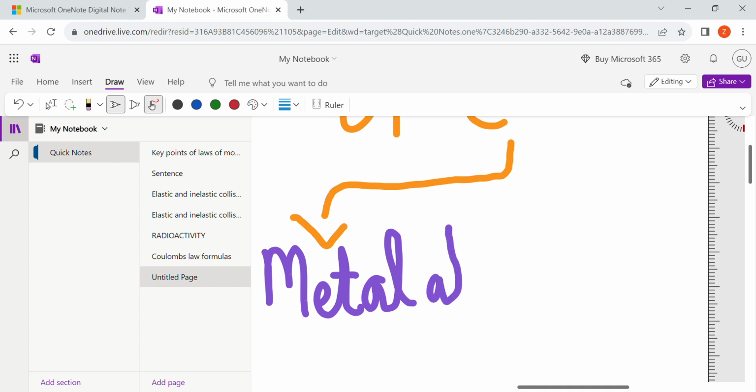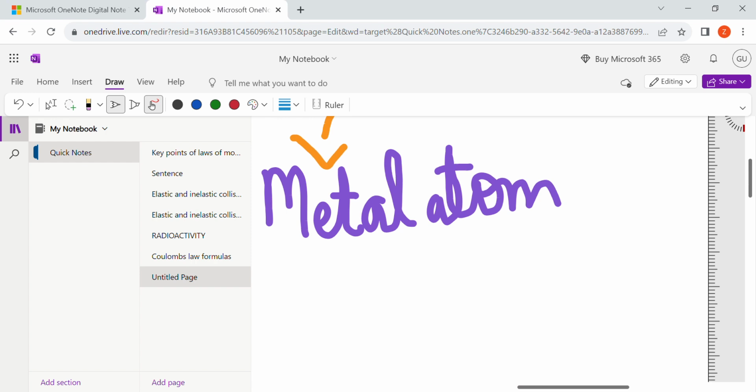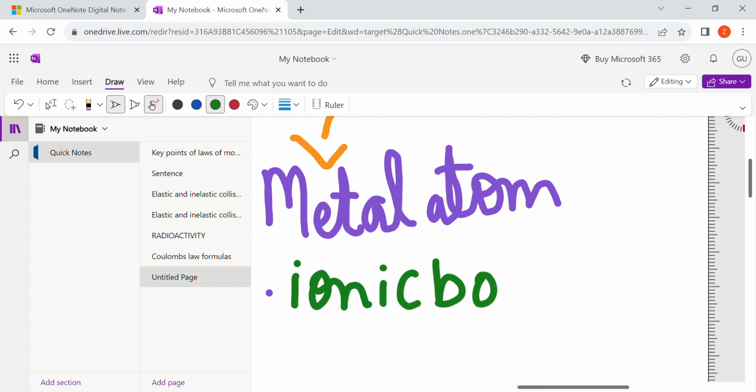Metal atom basically means flow of electrons. Metal atoms have thousands of electrons, free electrons, and free electrons are also known as mobile electrons. Alright? So metal atoms always make ionic bonds. If you don't know, ionic bond basically means to donate, to give the electrons.